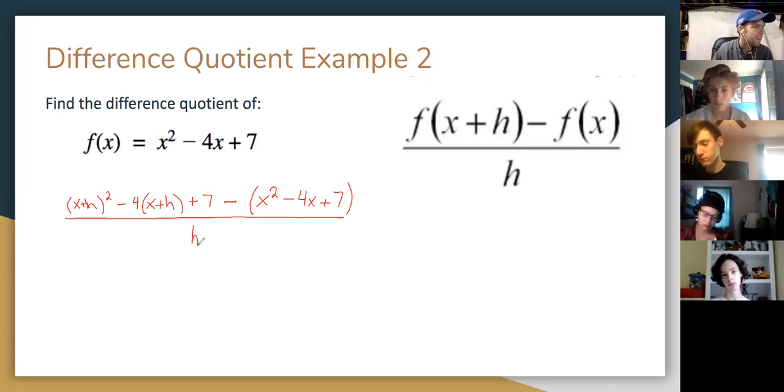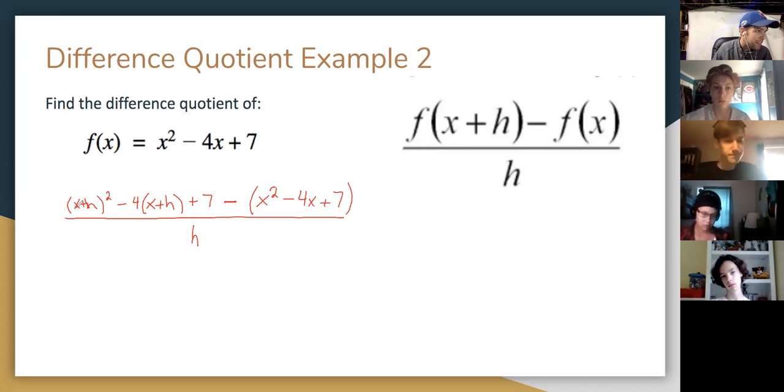And then h on the bottom. So you can see that as the function becomes more complicated, defining this f of x plus h part is just going to get a little bit harder. There's going to be more algebra, more multiplying and combining like terms and simplifying. But this shouldn't be too bad.